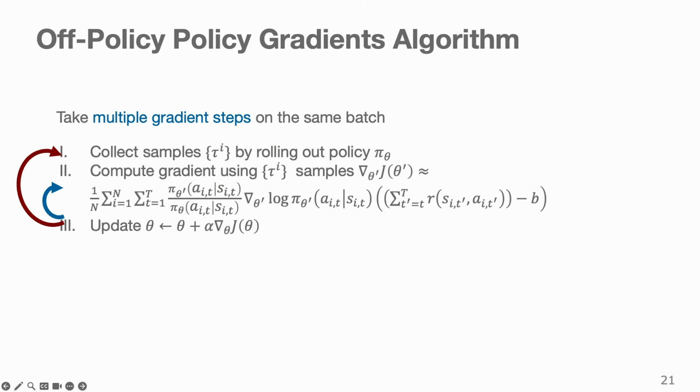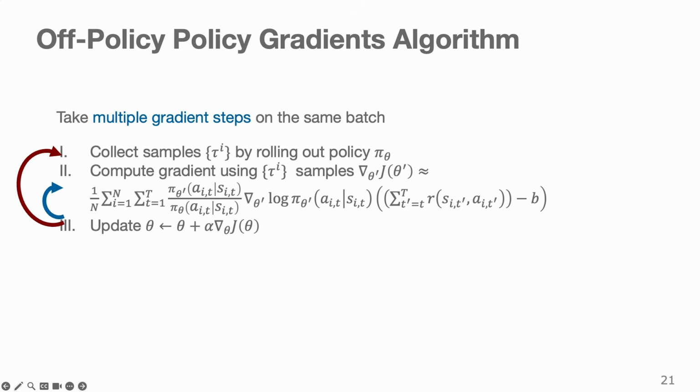So here's how the full algorithm looks in practice. It's not too different from the REINFORCE algorithm we just saw a few slides ago. But now the key difference is that instead of collecting data and updating once, you can collect once and perform multiple gradient updates.